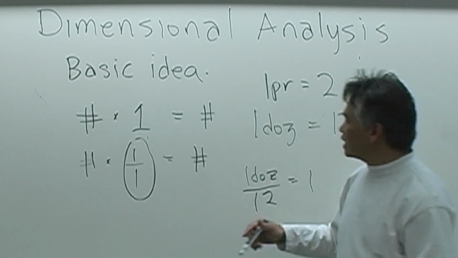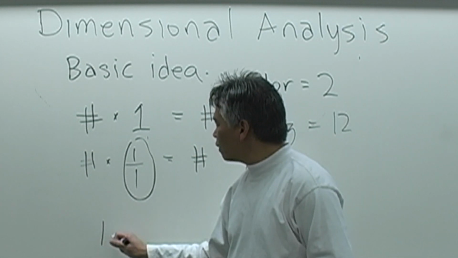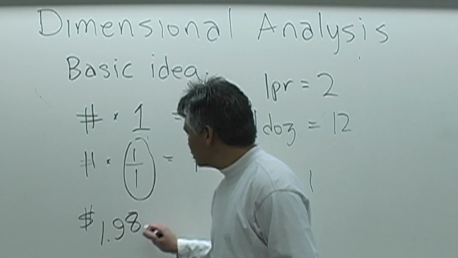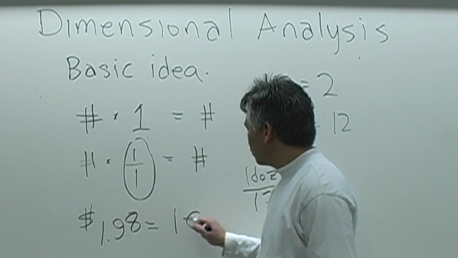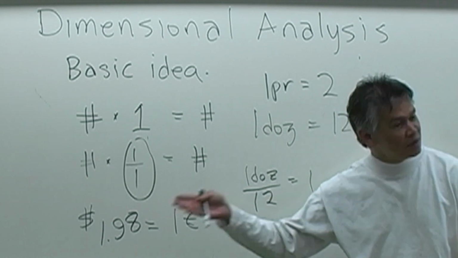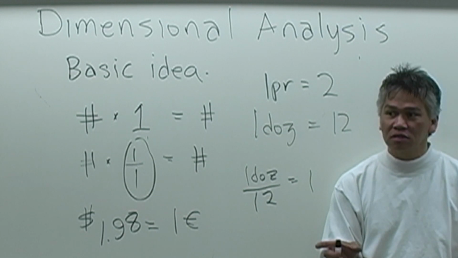In our previous example, we said that the conversion factor for the euro was $1.98 is equal to 1 euro. And that's an equality for today. Tomorrow it may change, but for this instant, that's an equality that you can use.